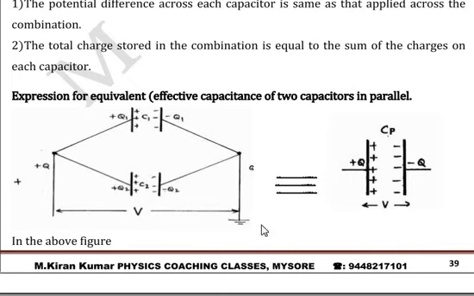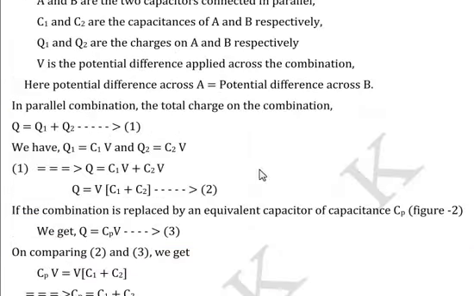So V is the potential difference across the plates of this equivalent capacitor. Q is the charge on either of the plates of the capacitor. So I can write here that Q is also equal to Cp into V, just like how we wrote these two expressions. So comparing equations 2 and 3, LHS is same.